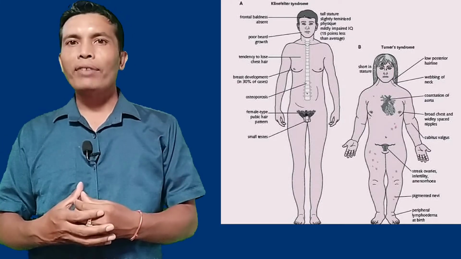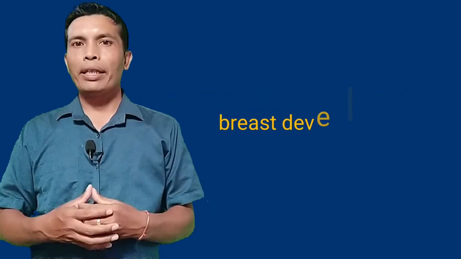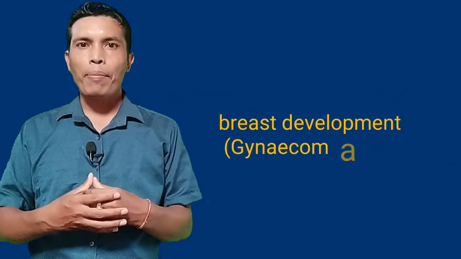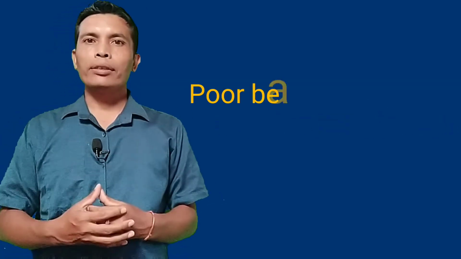Some symptoms of an affected individual are tall stature with feminine physique, breast development which is called gynecomastia, female type of pubic hair pattern, poor beard growth, sterility. These are some characteristic features of Klinefelter syndrome.